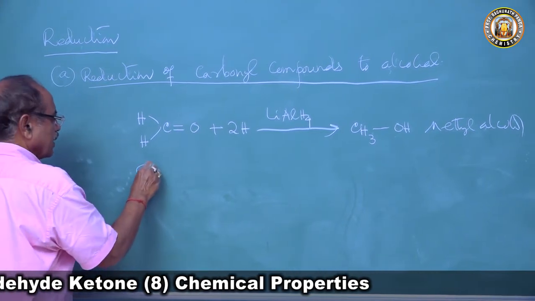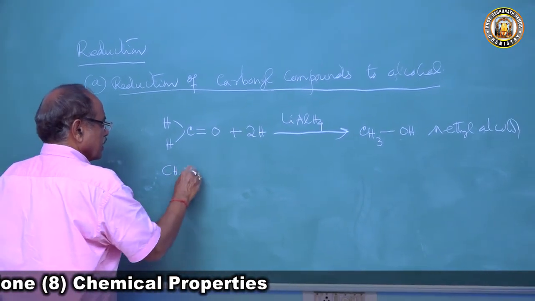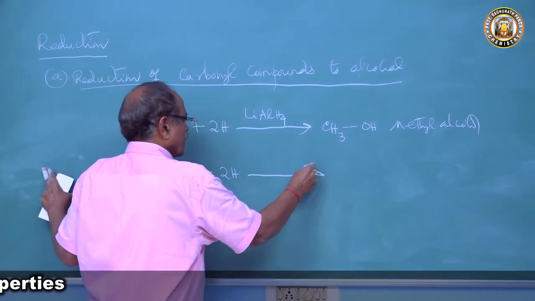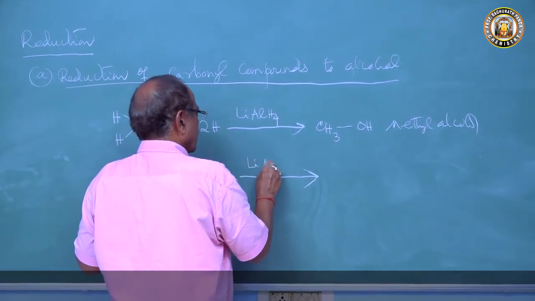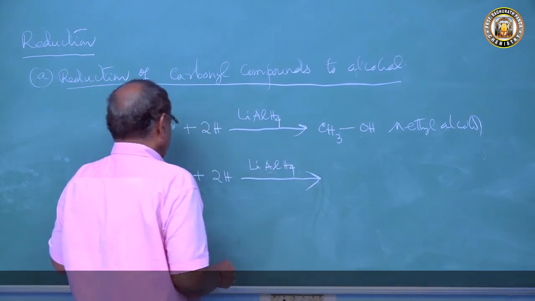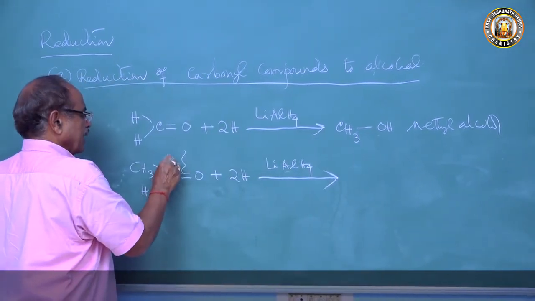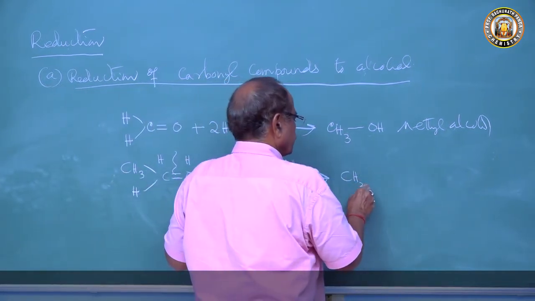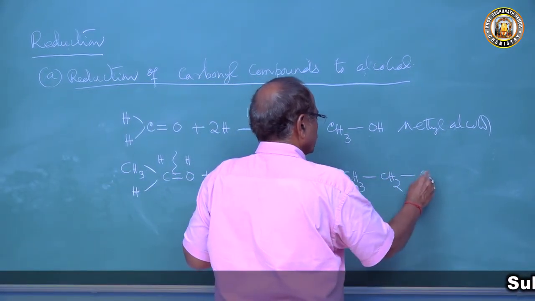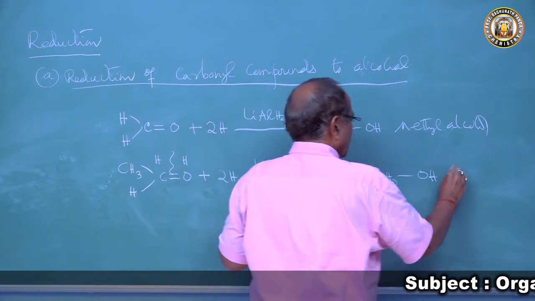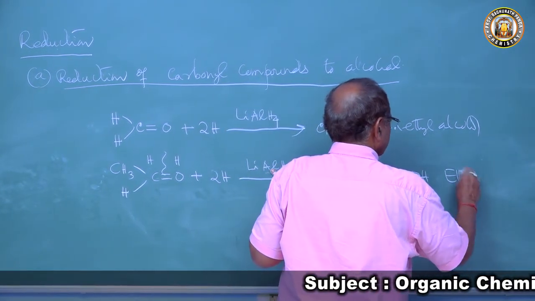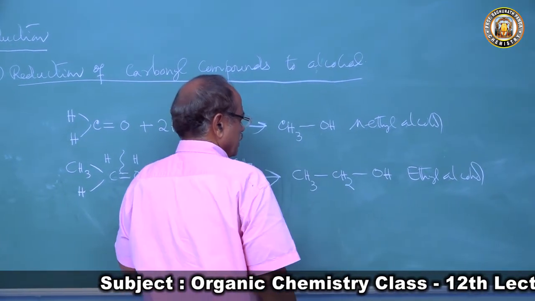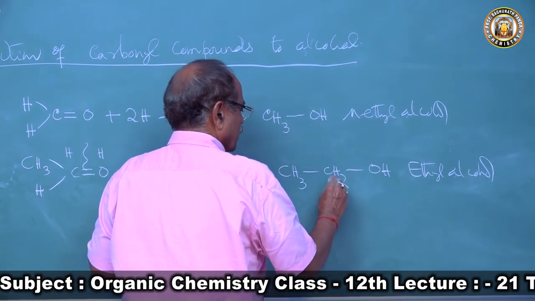Or if you take acetaldehyde, CH3CHO, then 2H, we use lithium aluminium hydride, then the pi bond will break and H will be added, we get CH3CH2OH. This is ethyl alcohol. So all aldehydes except formaldehyde on reduction produce primary alcohol.